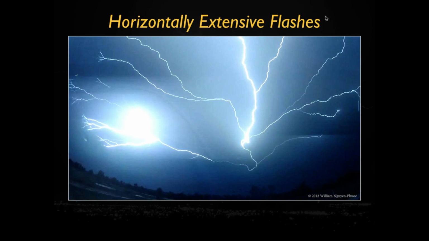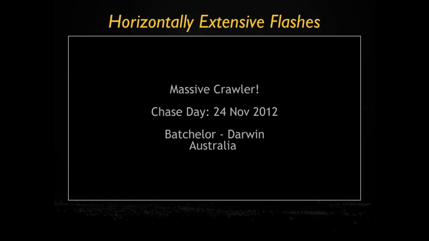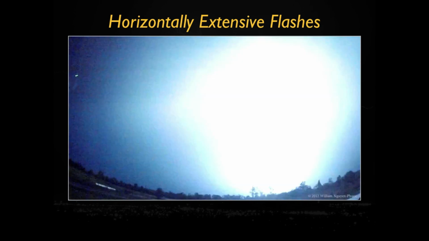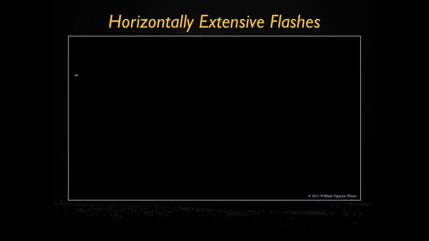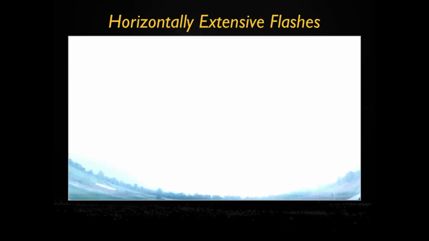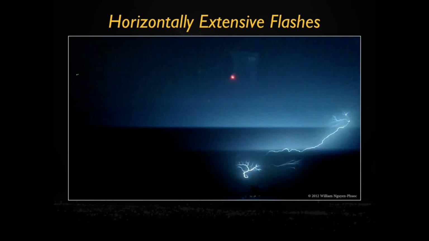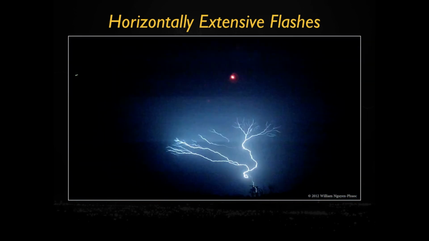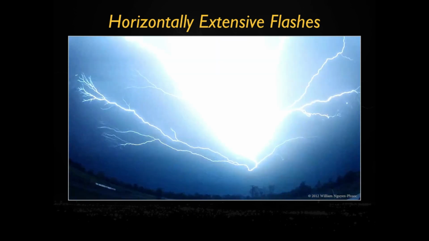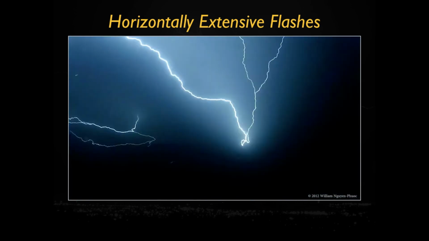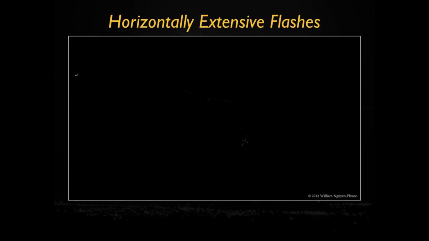But we're still able to see the features that I want to show you. I want to let it play through once, and then we'll talk about the specific features of what's going on. It's just a spectacular flash.